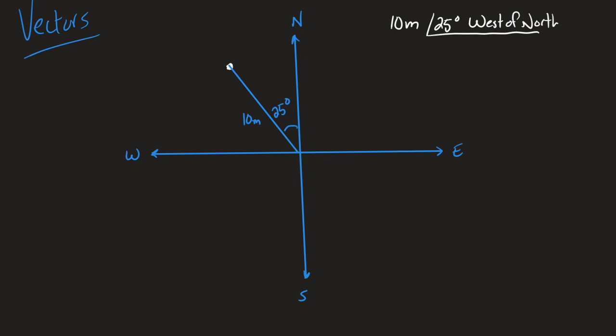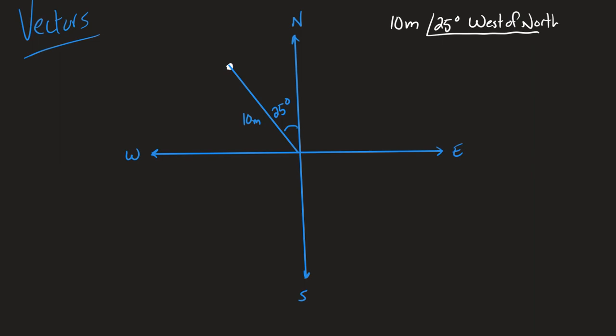Many students struggle with the phrase west of north. I want to tell you that it's written backwards. If you want to understand how 25 degrees west of north works, the idea is that you start facing north and you turn towards the west 25 degrees. That's how the statement works, because you are now facing 25 degrees west of north. So if you want to understand where that came from, look closely at the picture.